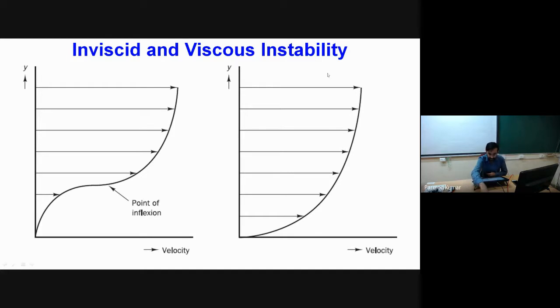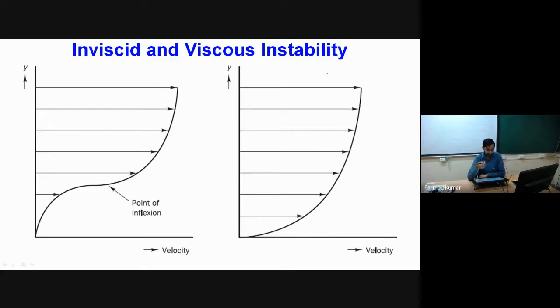Okay, so let me explain this concept. In practical flow situations, even if we ensure that we have perfectly made every component, when the flow enters the passage, at the point of its entry into the flow domain, there will always be some small disturbances present.